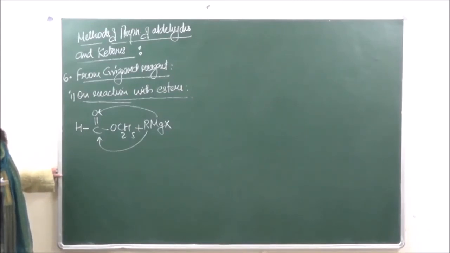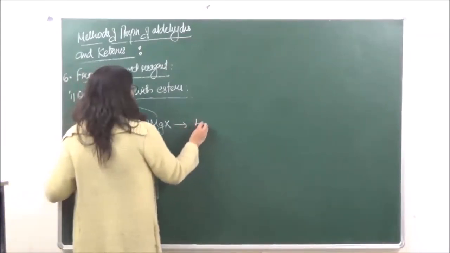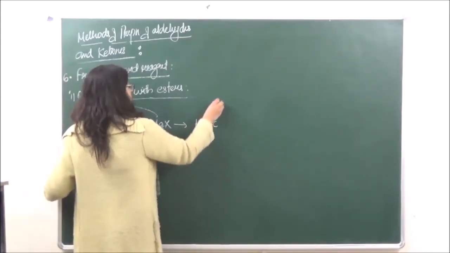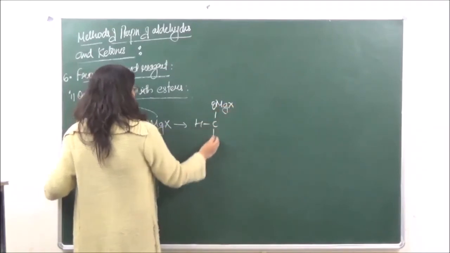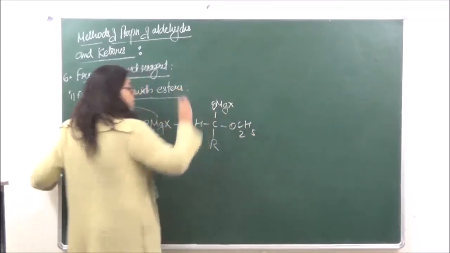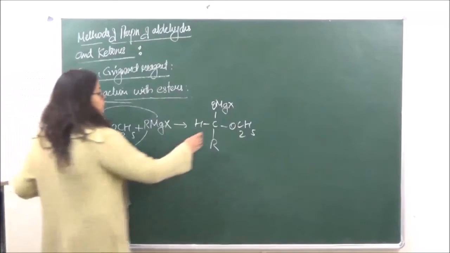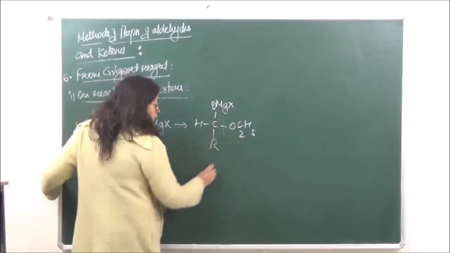So over here also MgX that is going to attack at the oxygen and R will attack at the carbon such that we get an addition product over here of the type OC2H5. Now when we do the hydrolysis of this, this is going to give us an alcohol because the cleavage of the bond is going to take place from here.